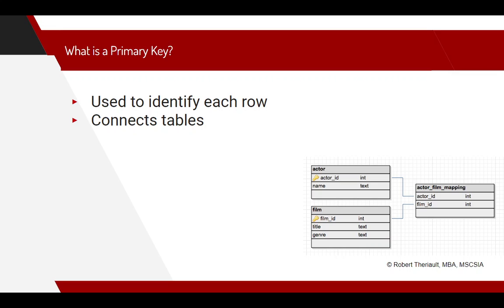However, what gives SQL the power is that it can connect tables. If you see this little picture here, you can see that this actor's ID is tied to this mapping, and this film ID is tied to this mapping. Basically you can say that this actor is in this film because the actor and film IDs are tied together.